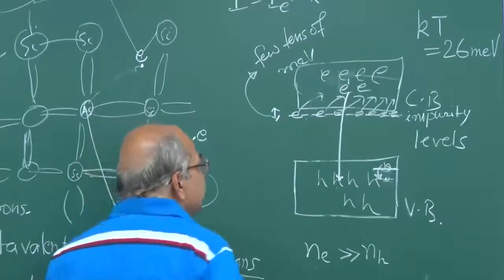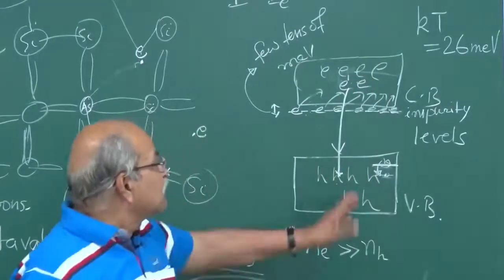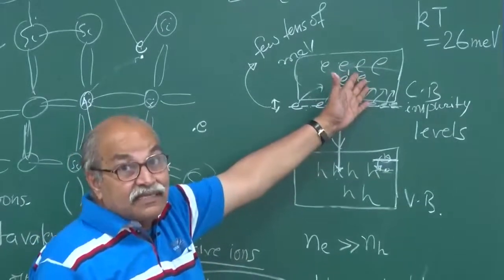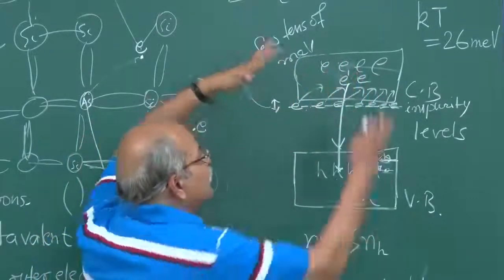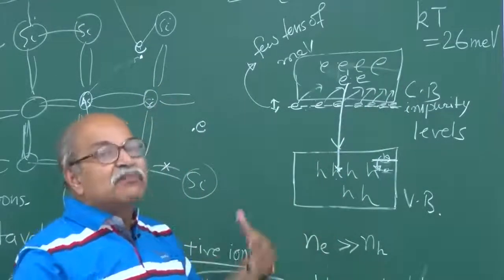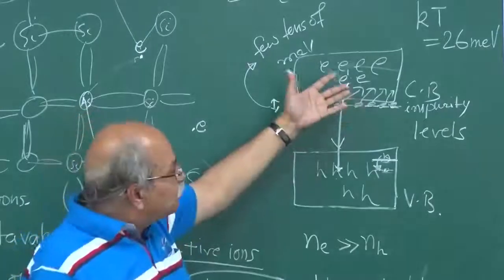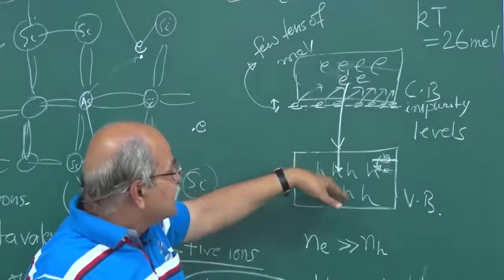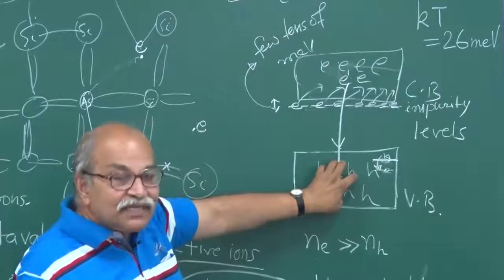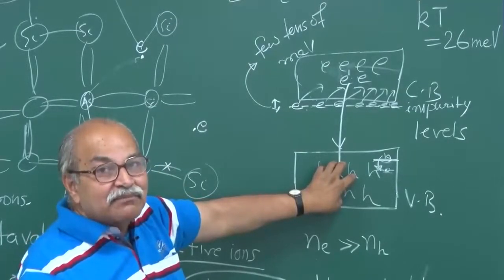So the probability that some electron will come here and fill this hole will increase largely. Right? You have so many electrons, some electron coming and sitting here, this probability will be increased many fold. So through these recombinations, the number of holes will decrease and a new equilibrium will be set up.